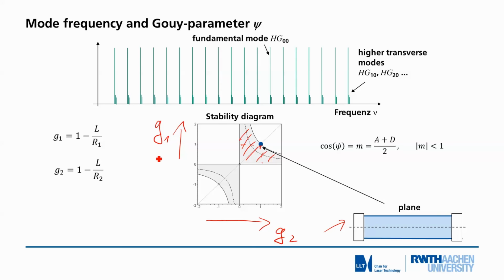Now, here in this top picture, you again see the longitudinal modes with their separation of c over 2L. And you see also drawn in here further smaller lines. Those are the shifts in frequency if we have higher transversal modes.